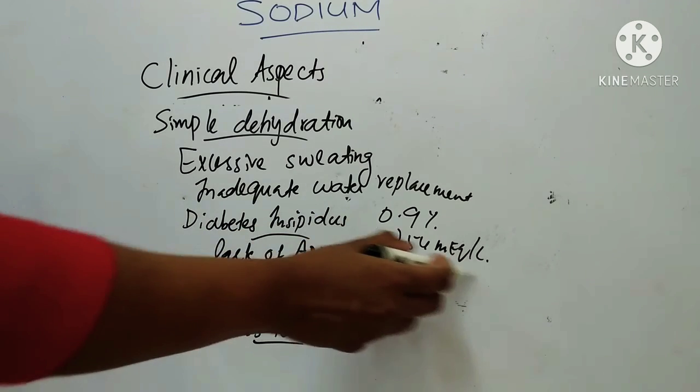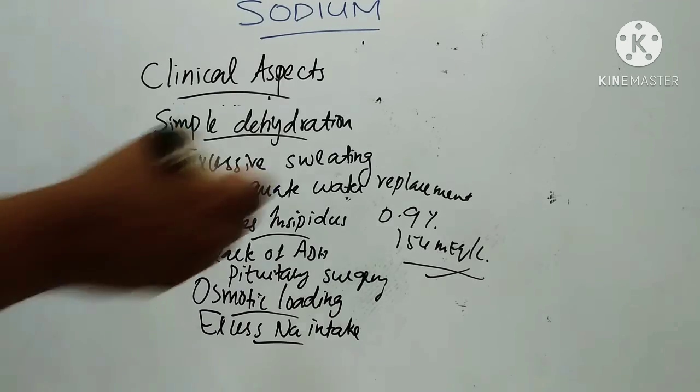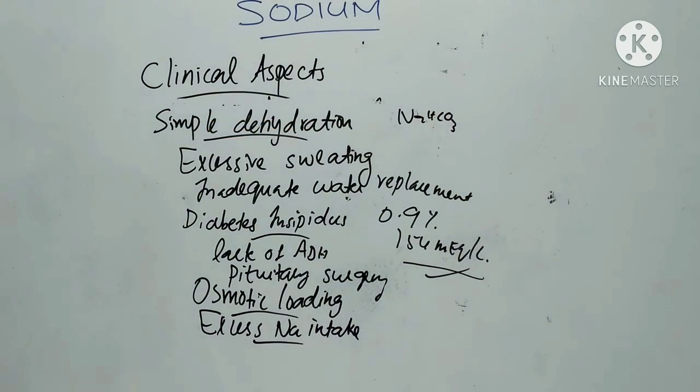That is 154 milliequivalents per liter. This excessive use of isotonic saline, particularly in children, leads to hypernatremia. Hypernatremia can also occur following administration of sodium bicarbonate in acidosis treatment. So that is the excess sodium intake.